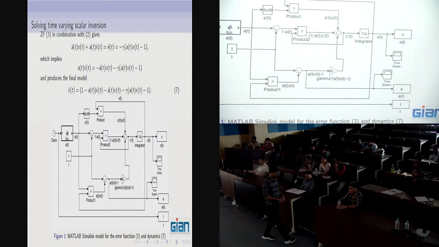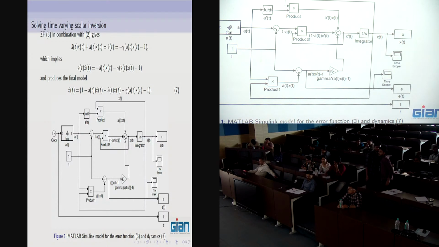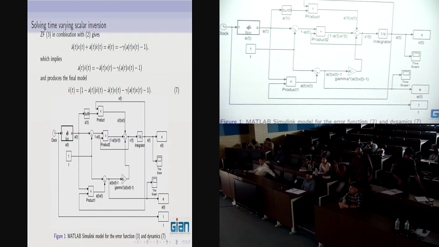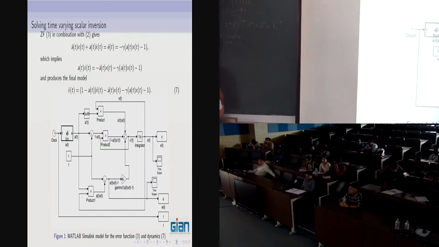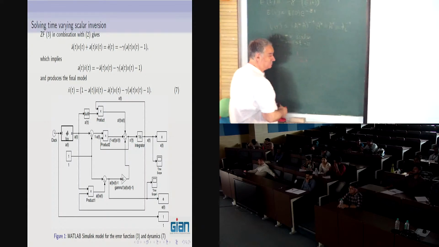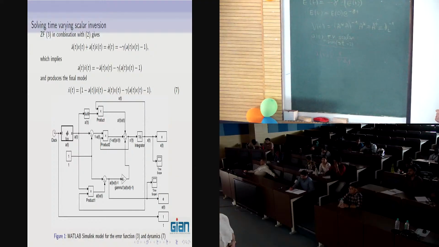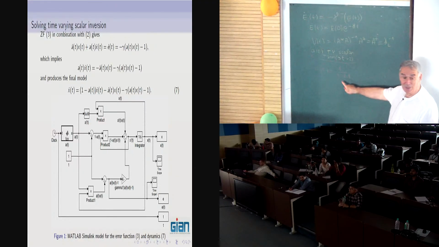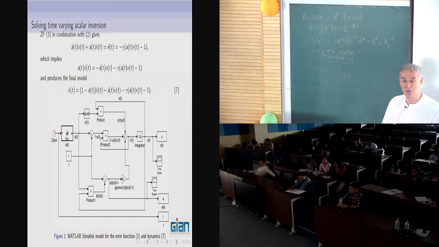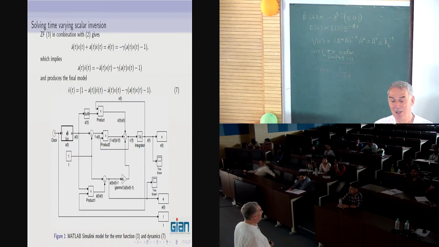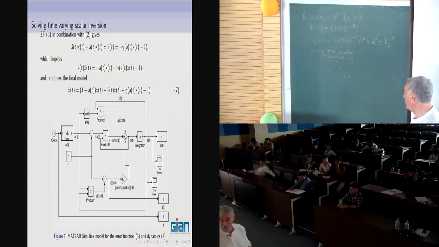We will have a problem at the time instant t equal 0 point.